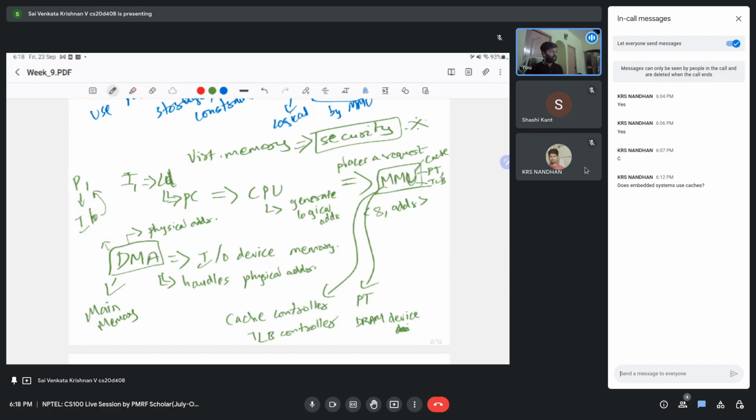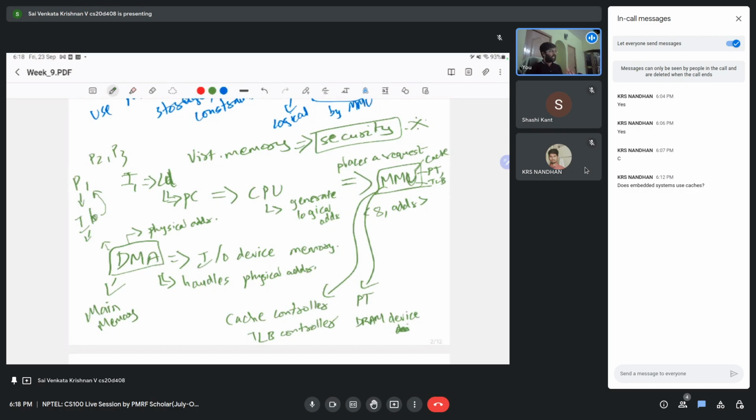But if the IO device is corrupt, or some vulnerability is present, the IO device can misuse this DMA power to generate any physical address and access the other pages allocated to other processes like P2 or P3. Via this DMA it can access those pages.